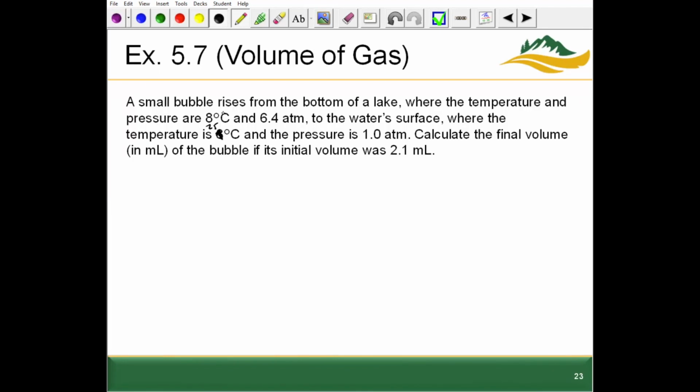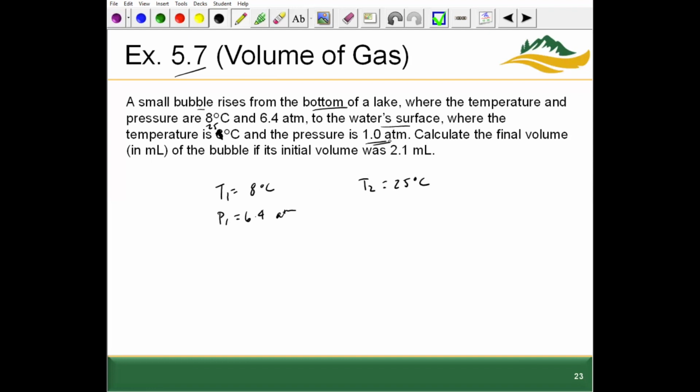I want to do one more practice problem here with you, 5.7, just to get you comfortable using those different equations for gases. So for the temperature and the pressure, T1 is 8 degrees Celsius at the bottom of the lake. P1 is 6.4 atmospheres. Then we're told a bubble starts to rise to the surface, where the temperature is now 25 degrees Celsius.